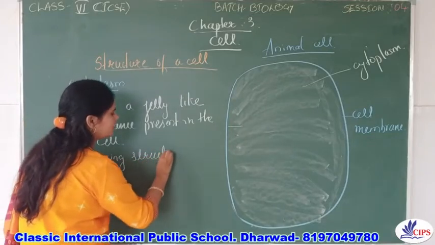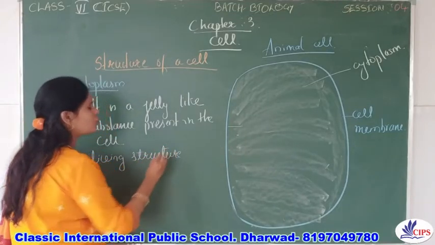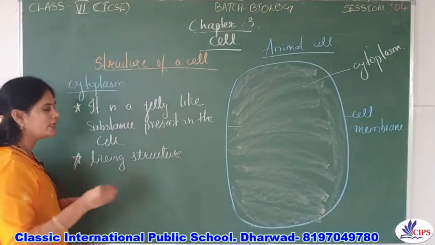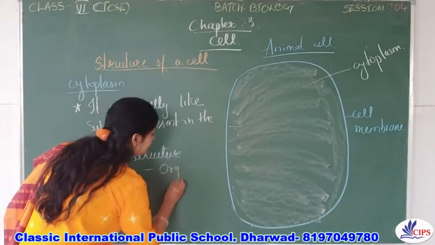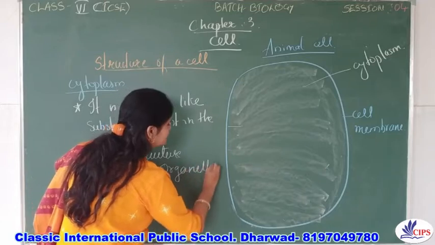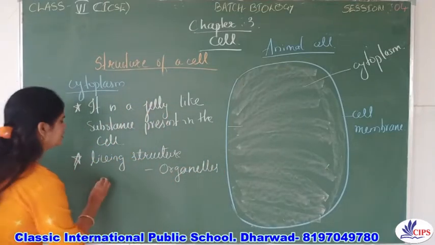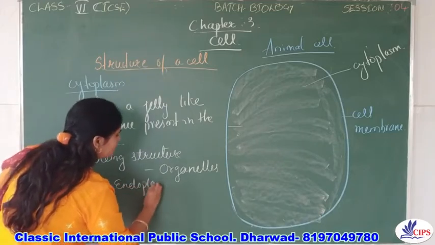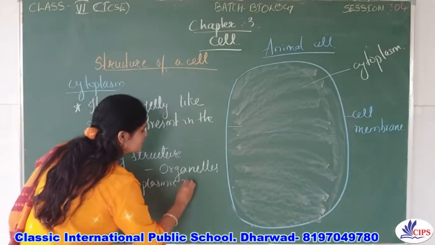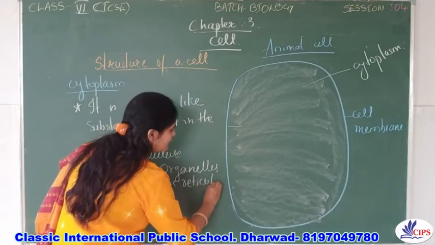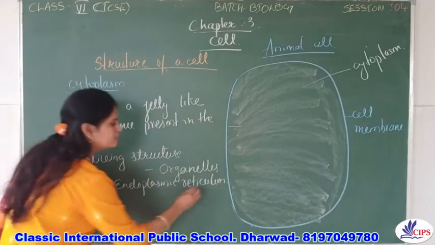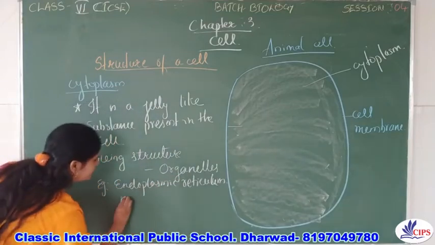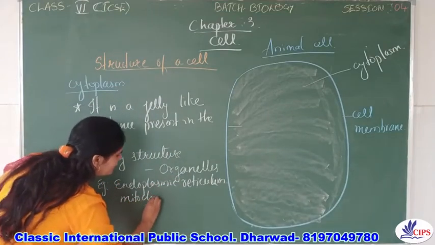So what do you call the living structures? Those are called cell organelles or organelles, right? What are the examples? Yes, endoplasmic reticulum. So slowly we will see what is endoplasmic reticulum, what is mitochondria, right? All we will study in detail.